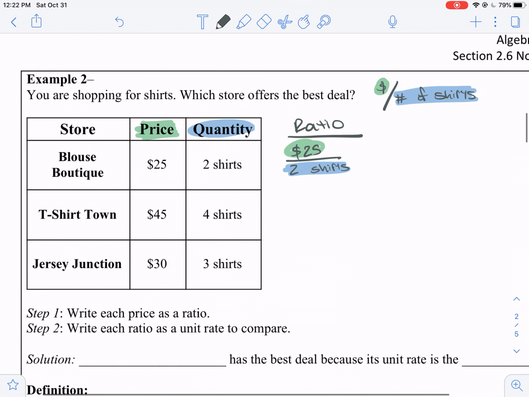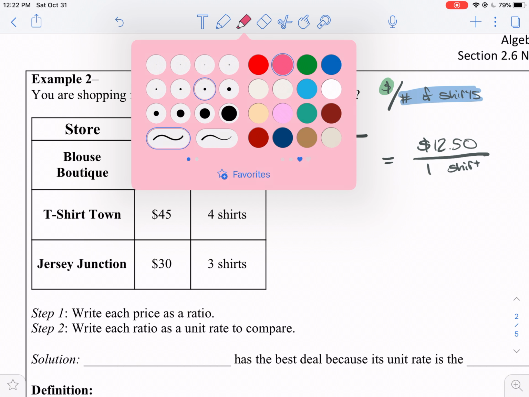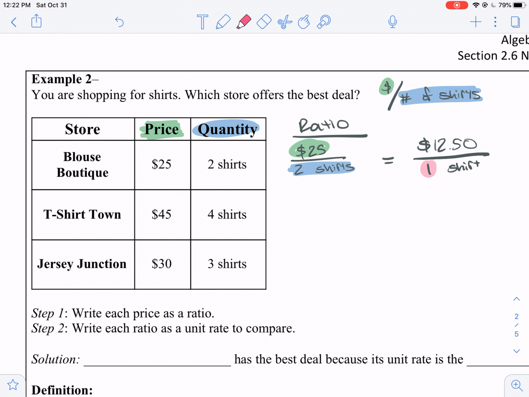And if we were to work that out, that is approximately $12.50 for each shirt. See how we are dividing by 1 right here? This division by 1 is what we call a unit rate.